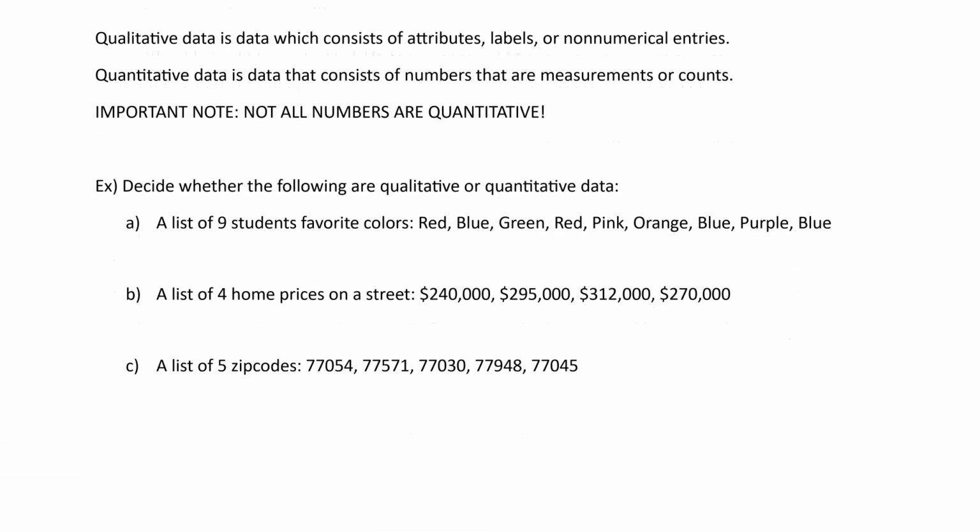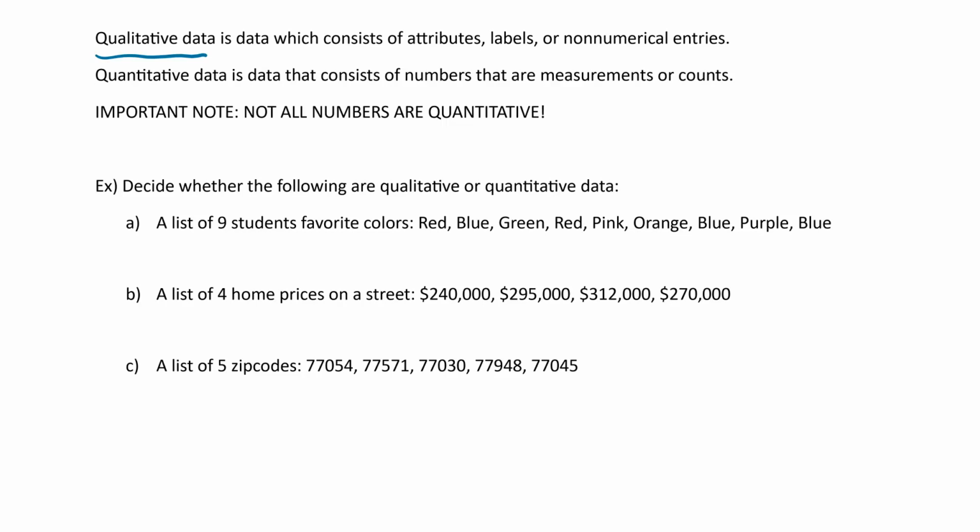All right, next up, qualitative data is data which consists of attributes, labels, or non-numerical entries. So it can be something like colors or sports teams, usually stuff that's not numbers.